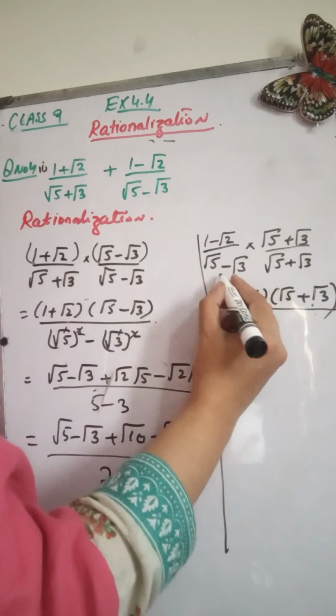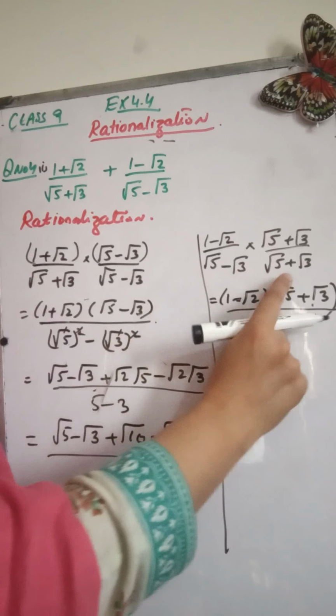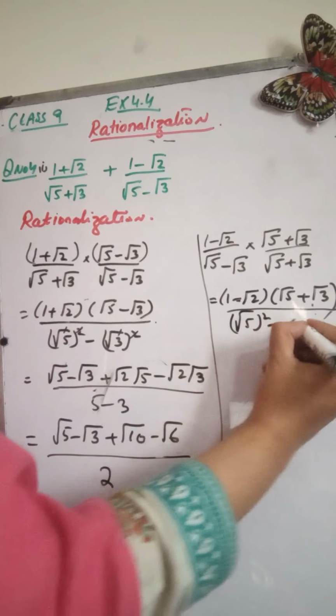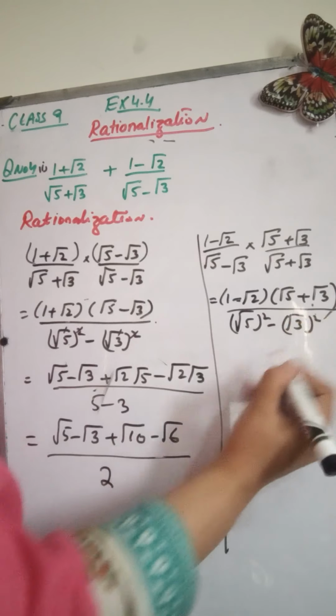Over under root 3, under root 5 minus under root 3 and under root 5 plus under root 3 will be under root 5 whole square, under root 3 whole square.